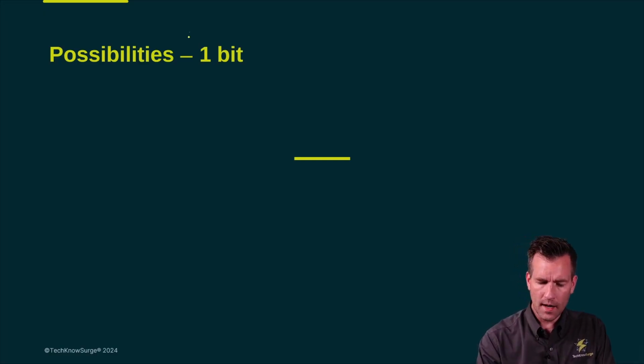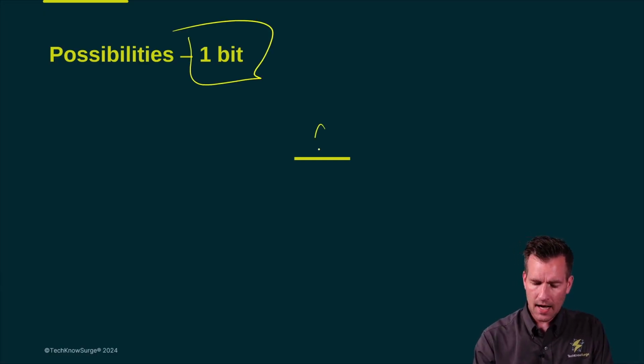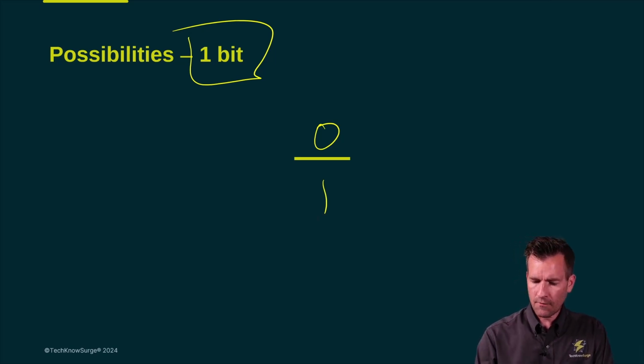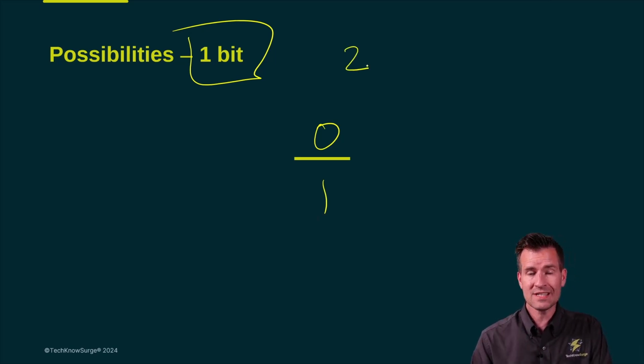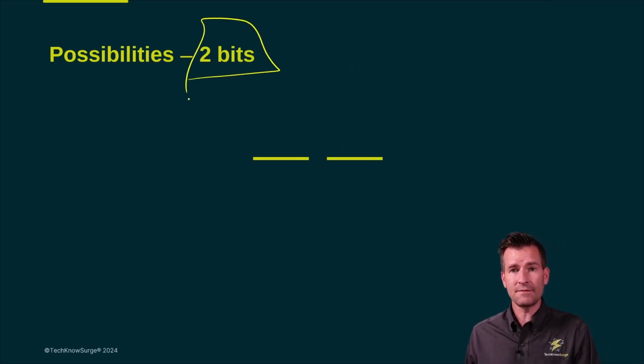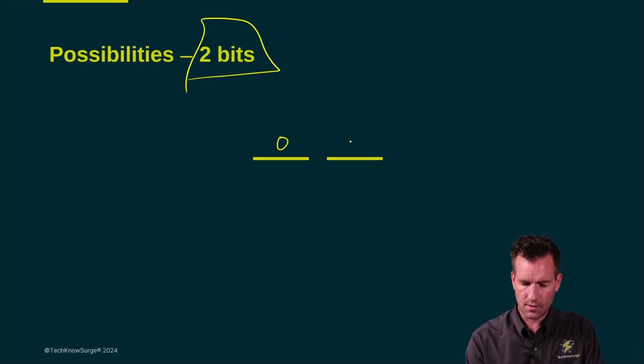If we have 1 bit, it could be either a 0 or 1. So it can be in 2 different states. So how many combinations can we think of when we have 2 bits? Well, we could have 0,0, we could have 0,1, we could have 1,0, and a 1,1.